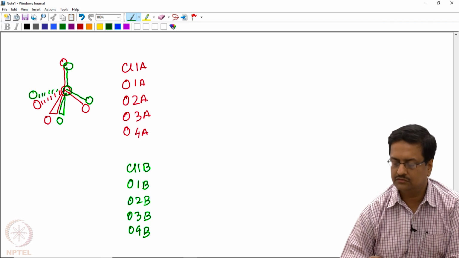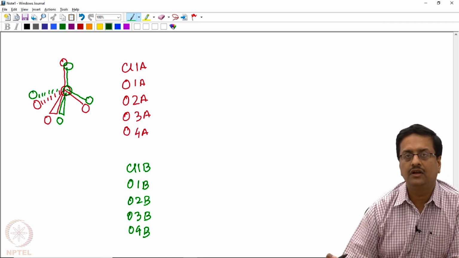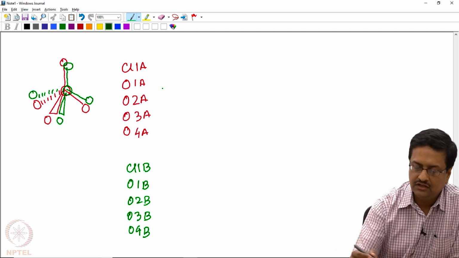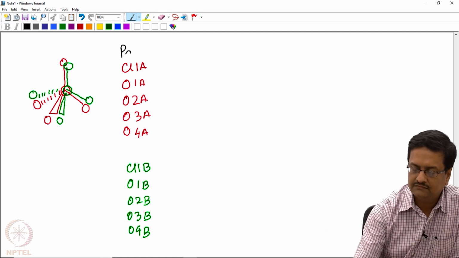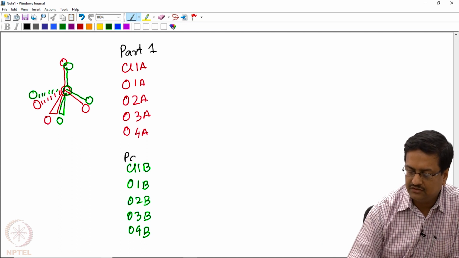These are the 4 oxygens of the green molecule and those are the 5 for the red molecule. So what we have is, this is called part 1 and this is called part 2.